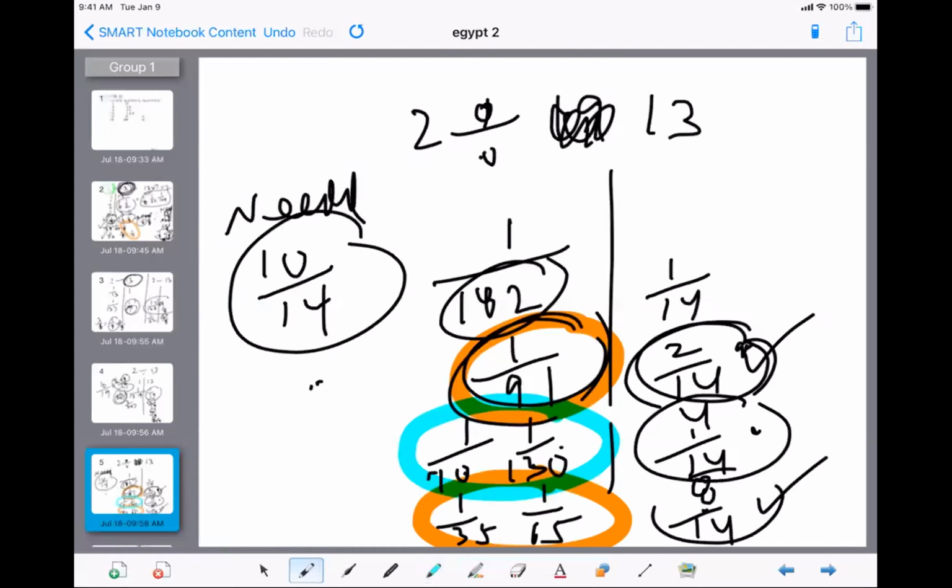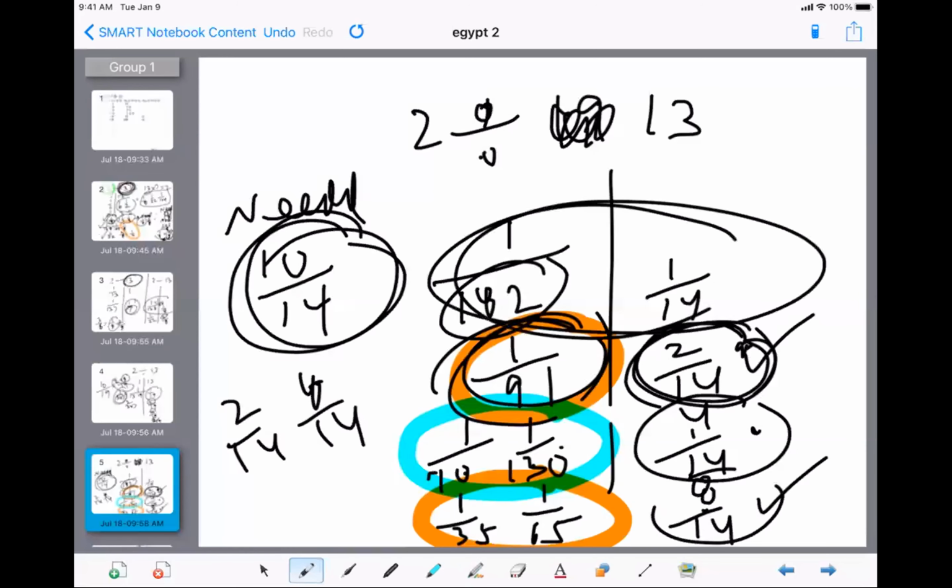No, I had to double it because my real goal is the stuff on the right. I was trying to get 10 over 14, which is 2 over 14 and 8 over 14. I was able to get 1 over 14 really quick, but I needed 3 more steps because my goal was 10 over 14.